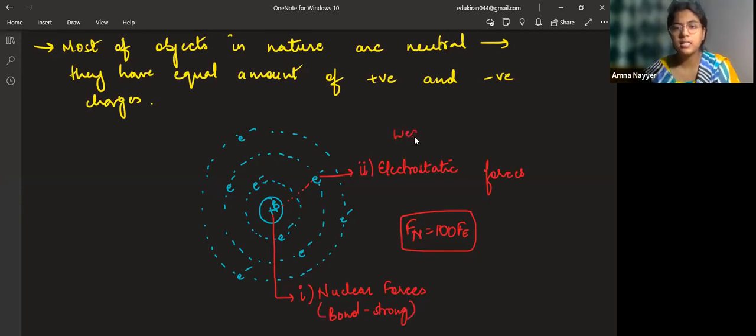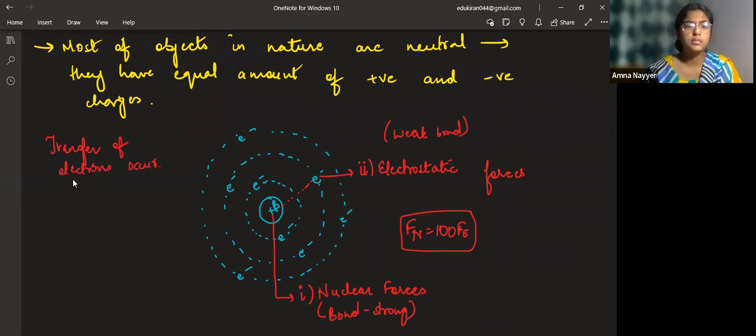This is the weak bond. So what happened? Transfer of electrons occurs. Protons do not move.